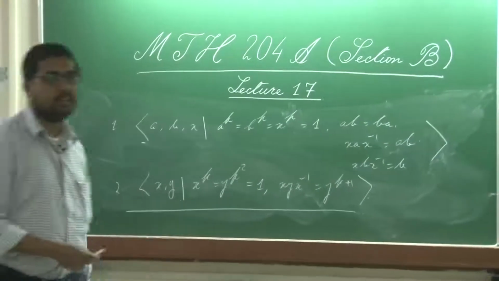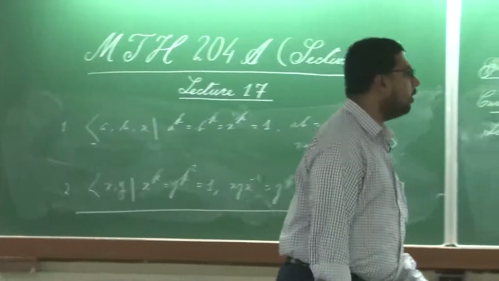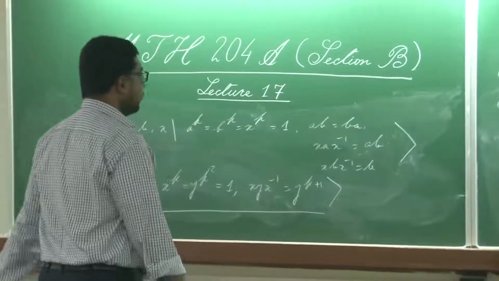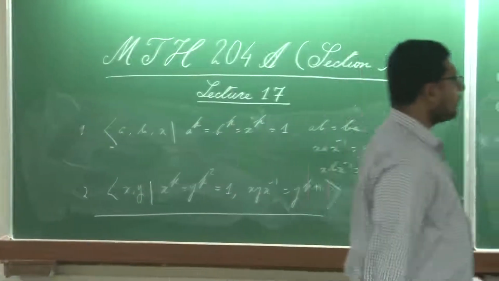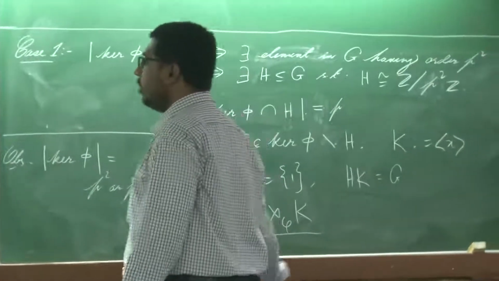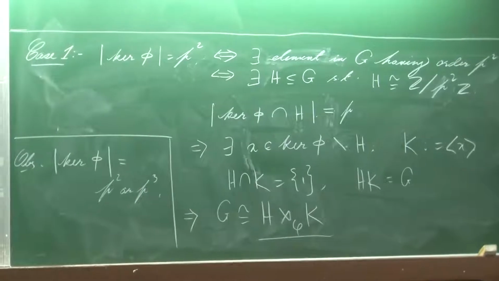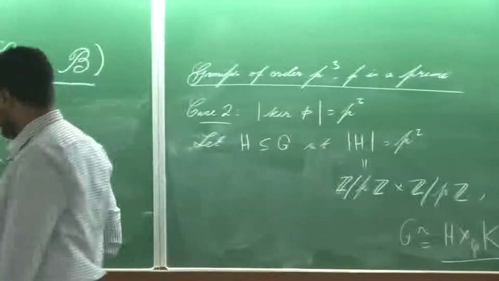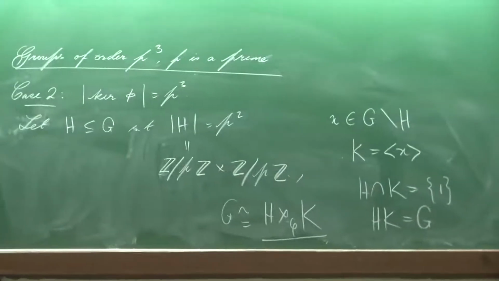So, G has to be isomorphic to the Heisenberg group. So, this finishes the complete classification of non-abelian groups of order p cube. Abelian groups will be dealt with later, as I said, and p is an odd prime.